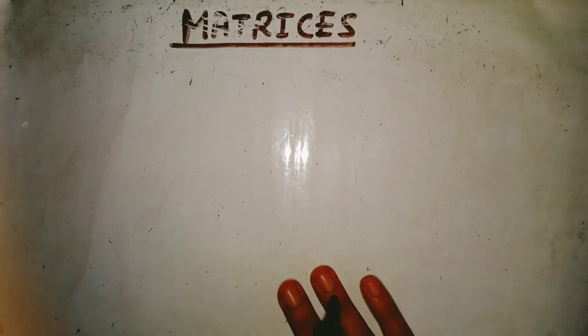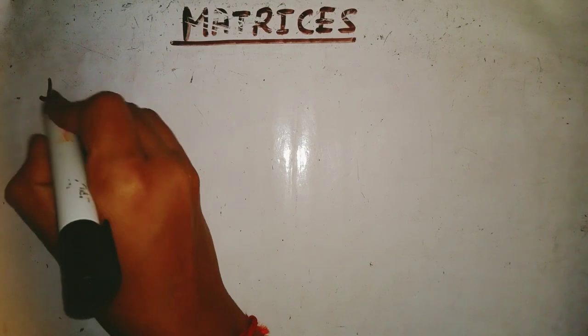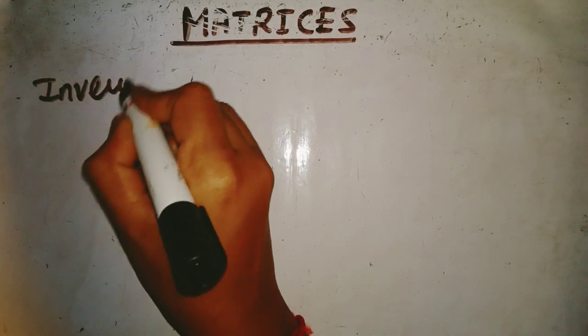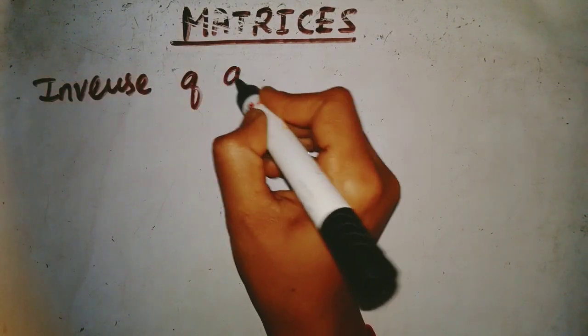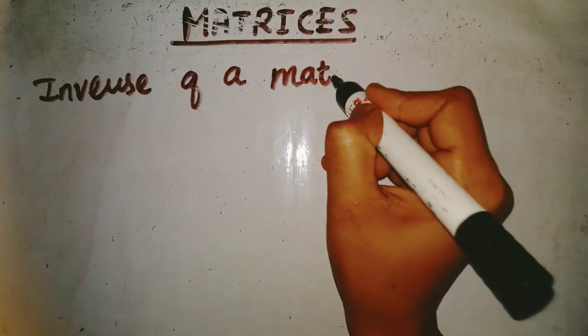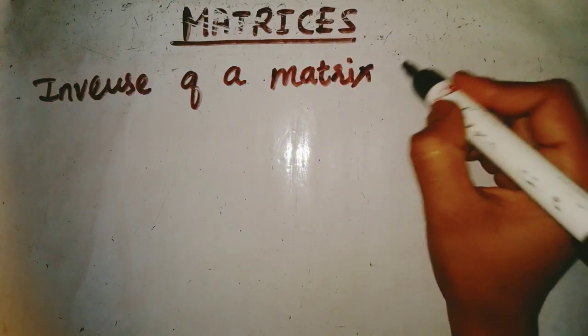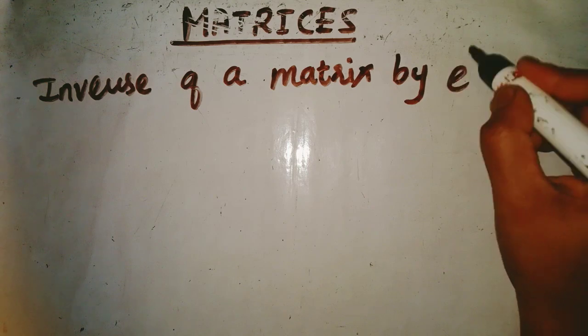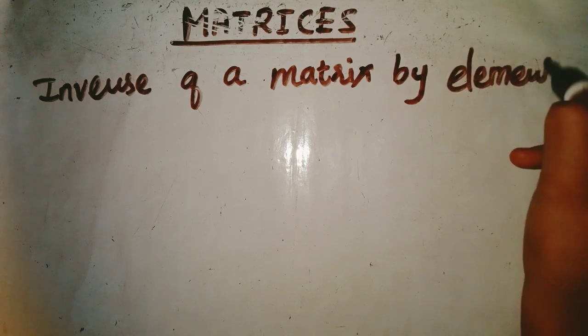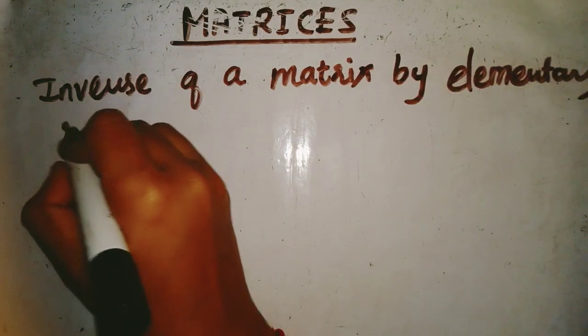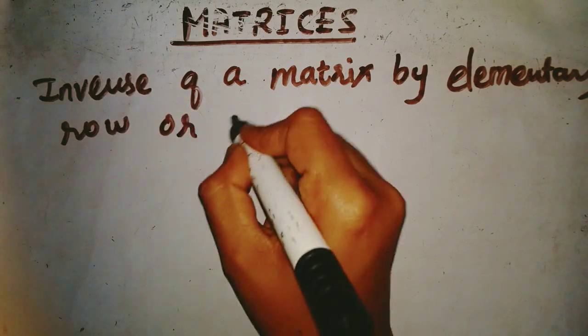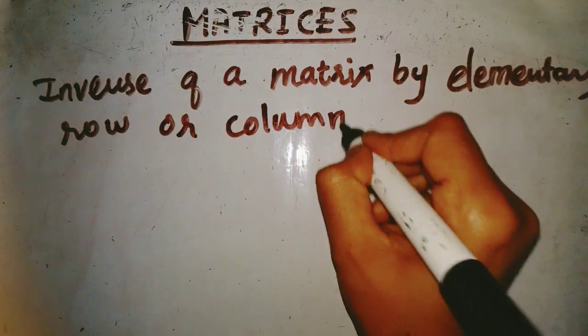Next we are going to learn about finding the inverse by using elementary operations. Inverse of a matrix by elementary row or column operations.